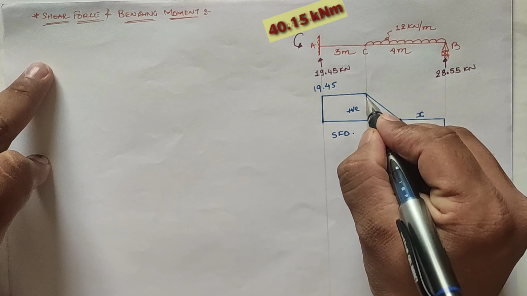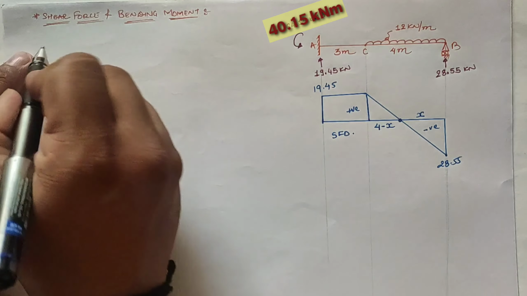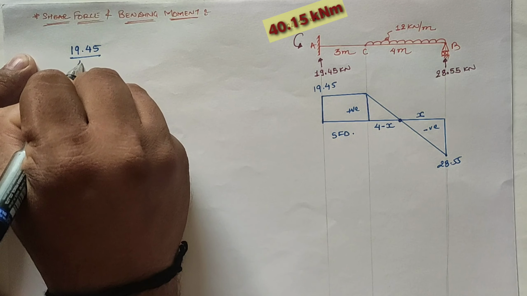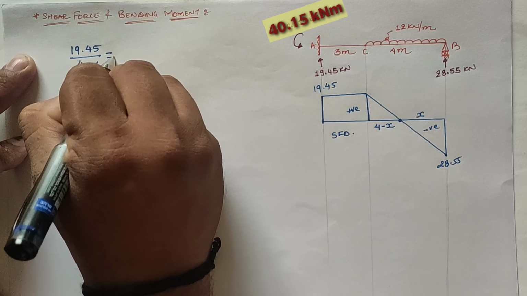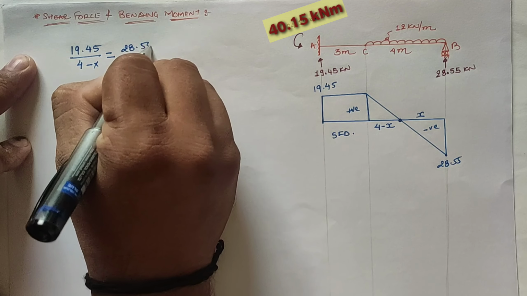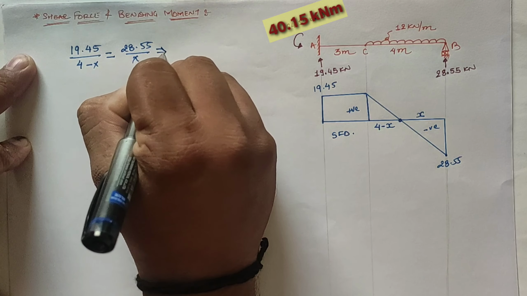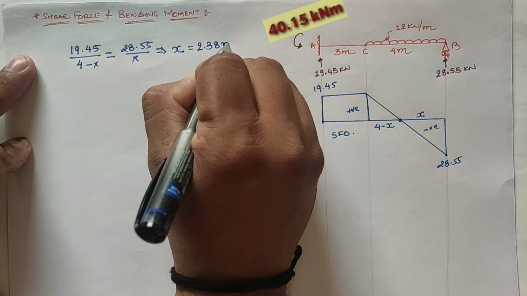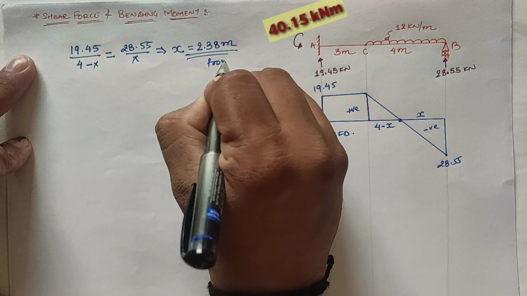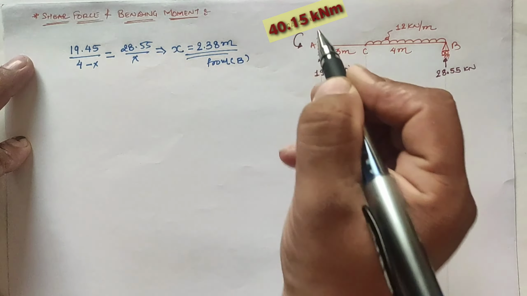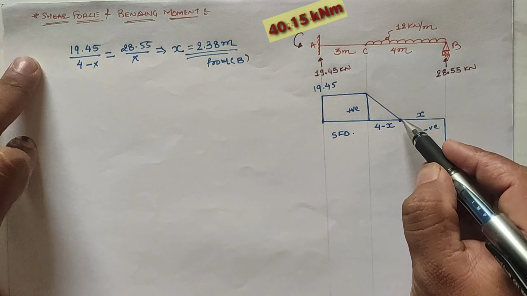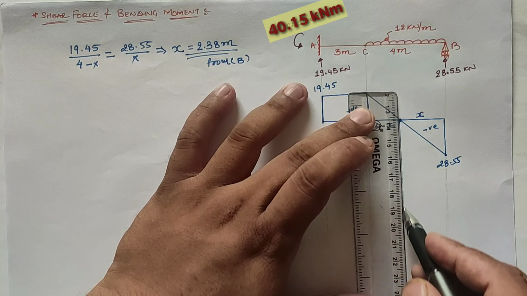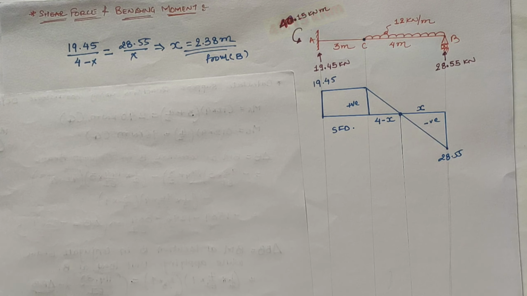Using similar triangles between C to B we have 19.45 divided by 4 minus x, which must be equal to 28.55 divided by x, hence the value of x is 2.38 meter from support B. At that location our shear force is 0, hence the moment is maximum.